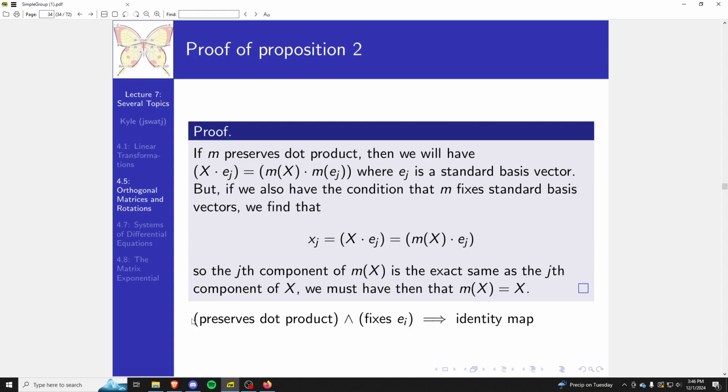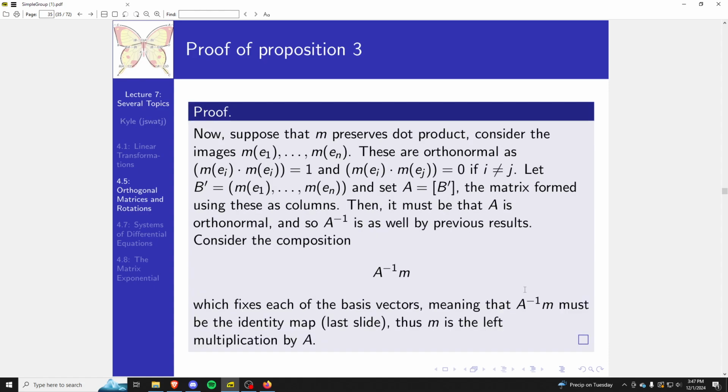And I wrote down here what this implication is. But we don't have this here, that it fixes standard basis vectors. And so if that's true, then it has to be the identity map. So first we suppose that M preserves dot product and consider the images M of each of the standard basis vectors. And these are orthonormal.